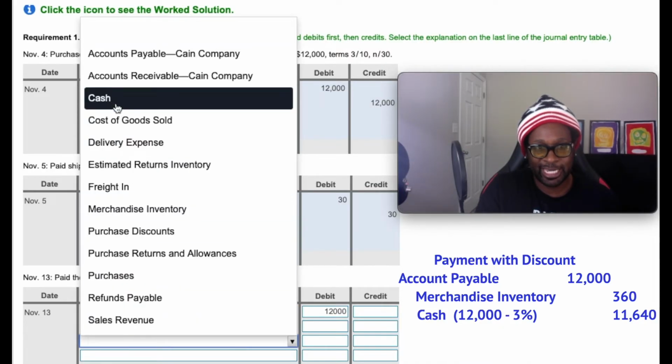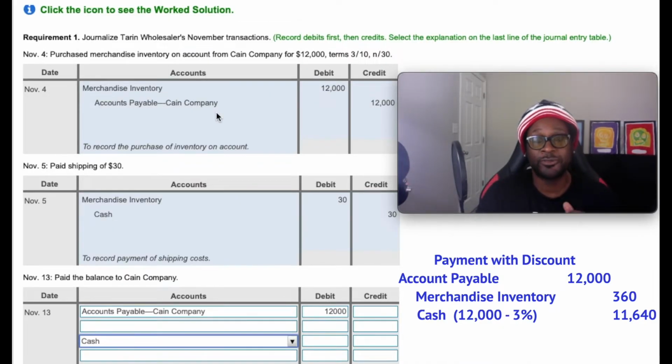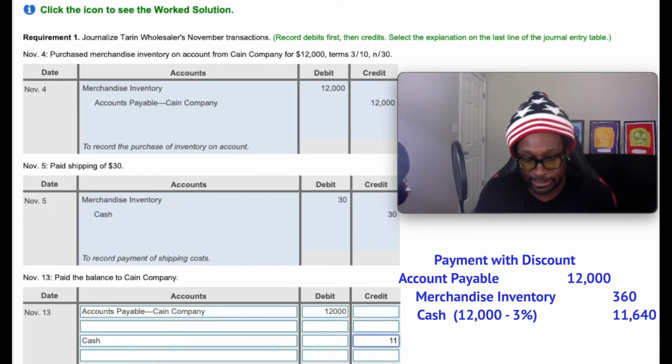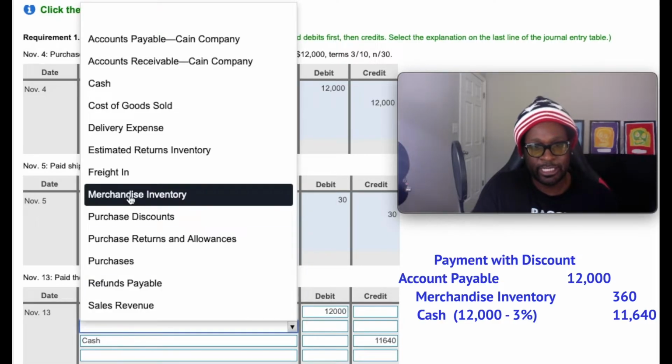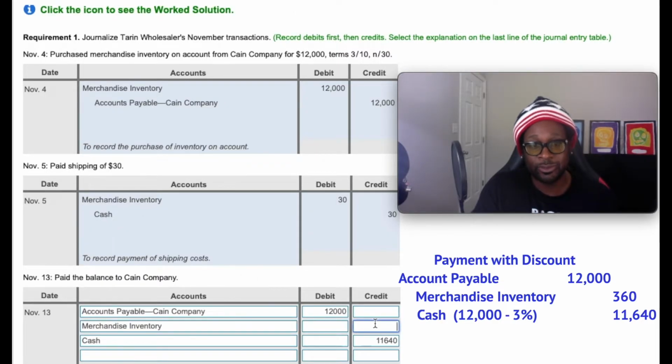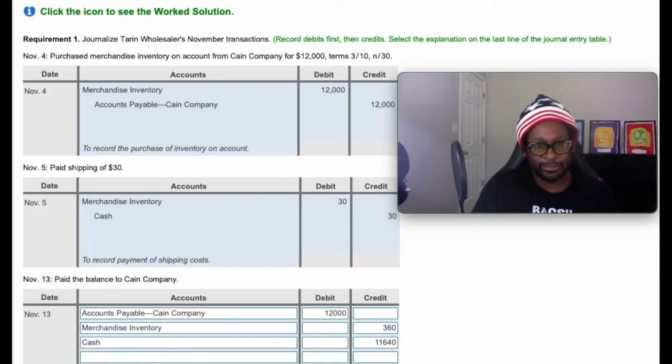We're going to credit cash for the discounted amount of $12,000 minus 3%, which will give us a total of $11,640. And as you can see, gang, our debits and credits aren't equal, so we're not finished yet. But we've already mentioned that a discount received will reduce the cost of inventory. Therefore, we're going to credit inventory as well for the discounted amount, the 3% times $12,000, which is a total of $360. We're going to check the answer.